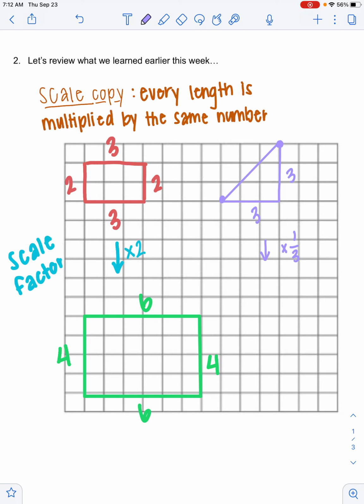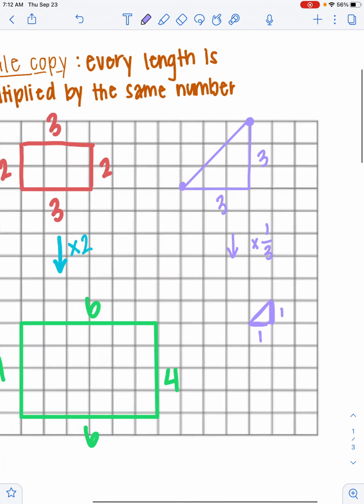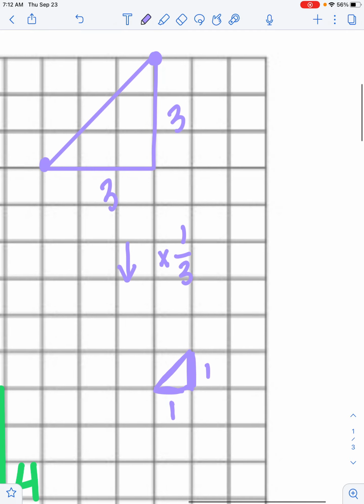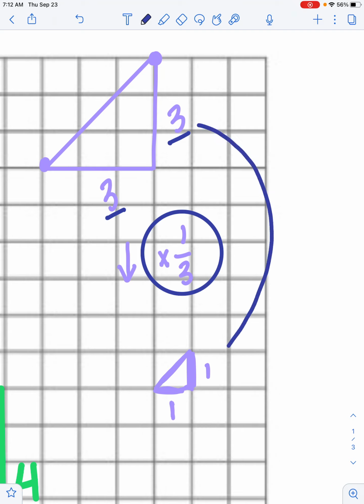My scale copy would have a one side, another one side, and I would connect the pieces. Let me zoom in so you guys can see better. So all I did was I multiplied the sides in my original copy, 3 and 3, times my scale factor of 1/3. And because 1 is 1/3 of 3, and 1 is 1/3 of 3, I now have my scale copy.